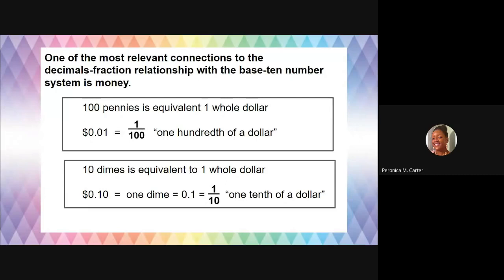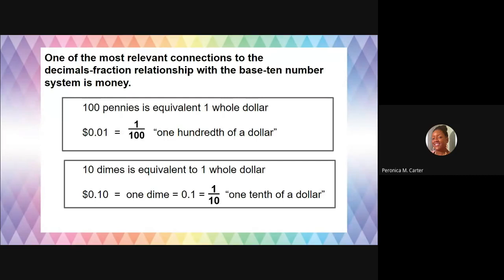And so 10 dimes is equivalent to one whole dollar. So we know that we write it as dollar sign, 0 dot or decimal 10. And that's 10 cents. Well, 10 cents can be two things. It can be 10 pennies or it can be one dime.